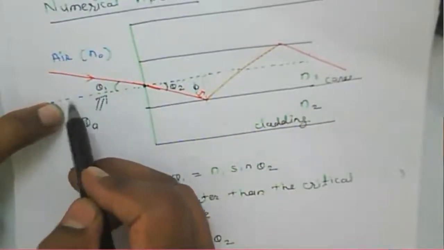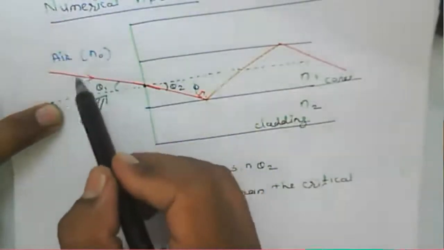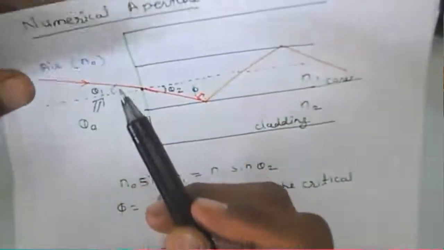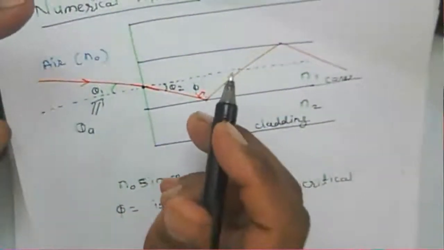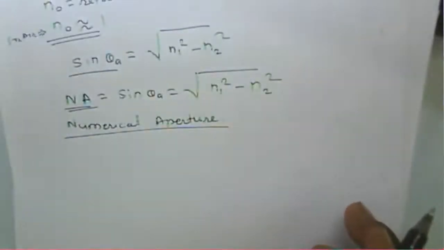Generally, in all cases, to obtain the numerical aperture of a given fiber, it is related to the air medium.